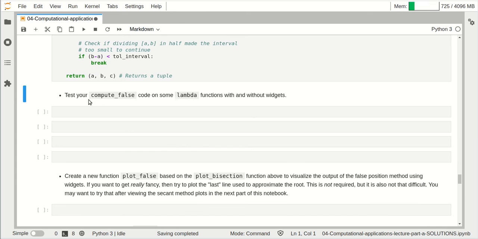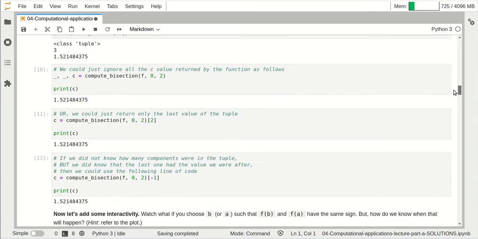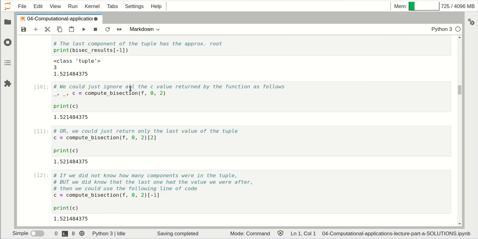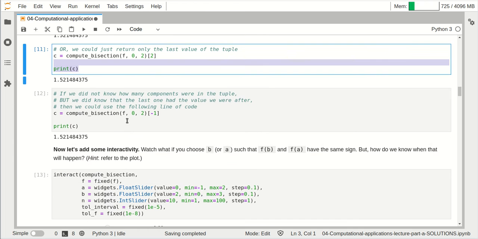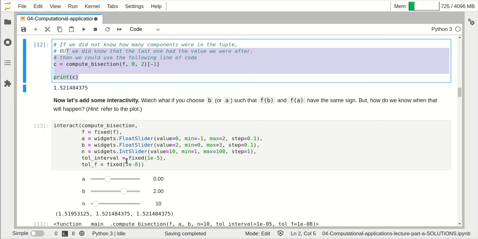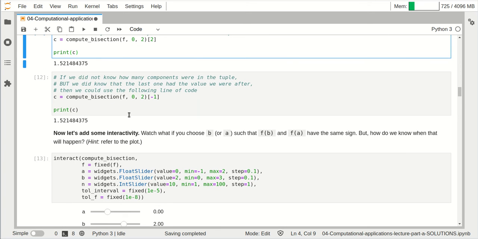Now all you're asked to do is compute the false position algorithm on some Lambda functions with and without widgets. If you recall, at the start of this notebook I was showing some things involving bisection, and I was also showing it with widgets. I'm just asking you to do that again here.